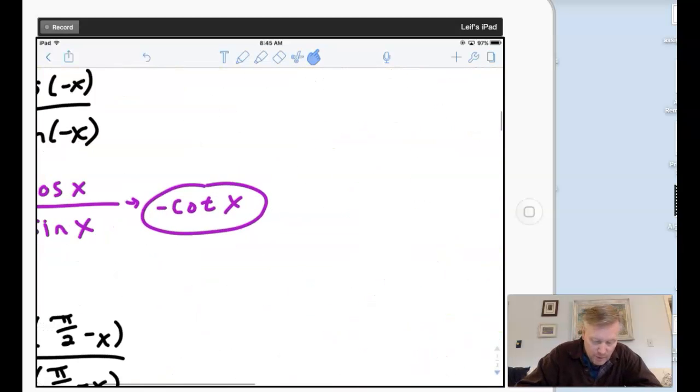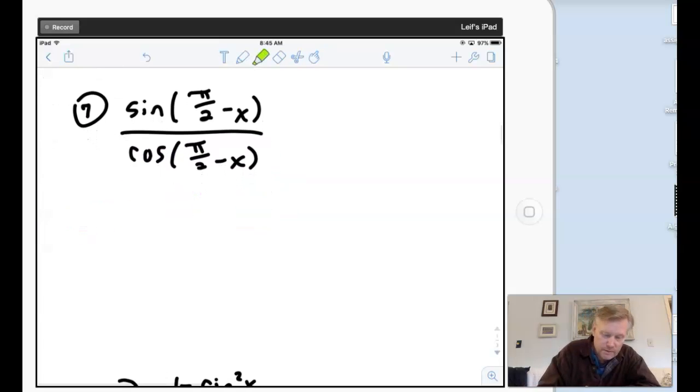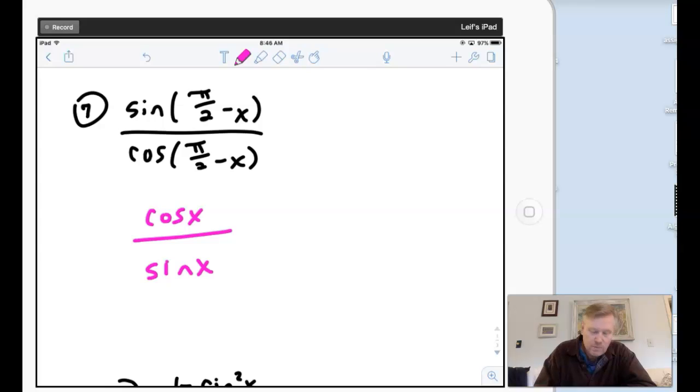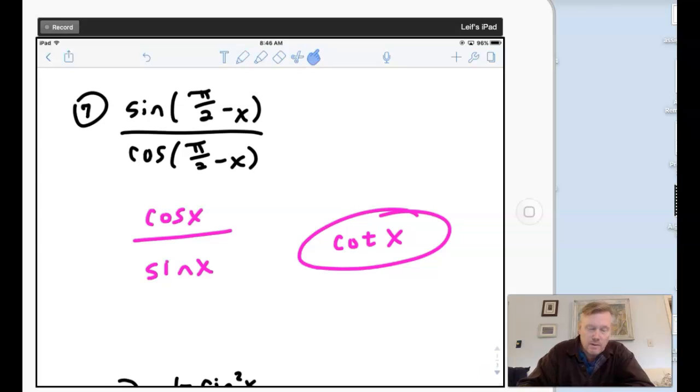So I can go back to my problem. So this numerator is the same as the cosine, and the denominator is the same as the sine, which means I've got cosine over sine, which is the same as the cotangent. Remember, tangent of x is sine over cosine, so cotangent is that upside down, cosine over sine.